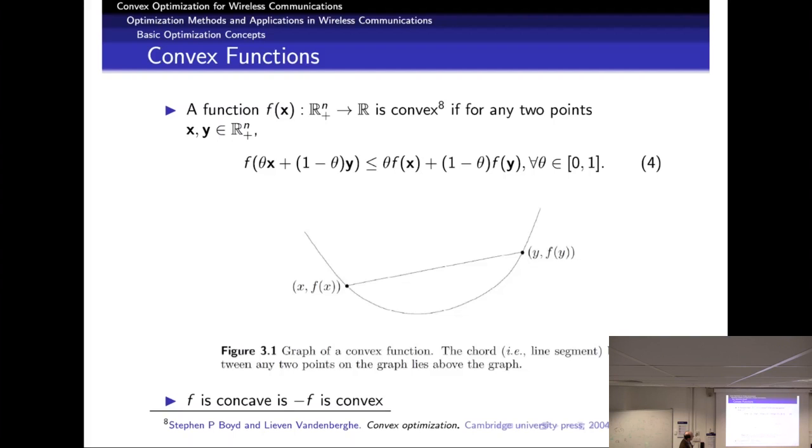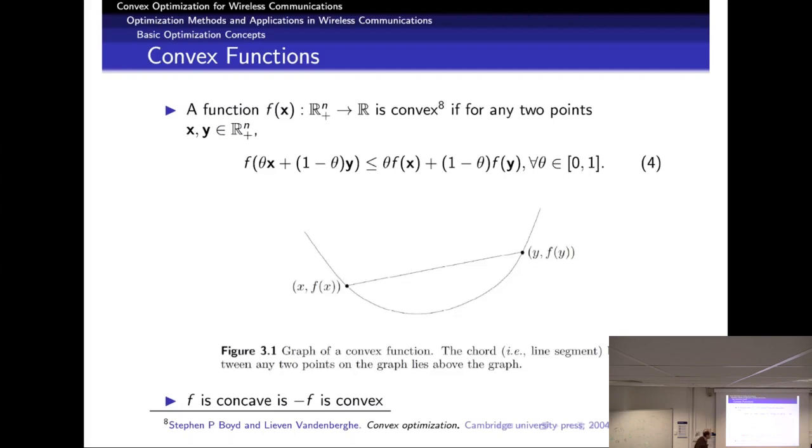So this would be given by this quantity, and the value of that function at any points on the line segment between x and y should be smaller than its chord.